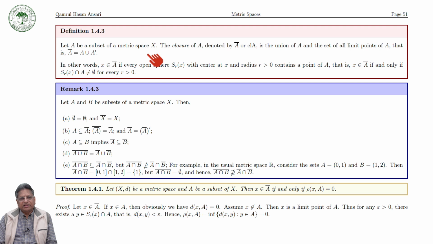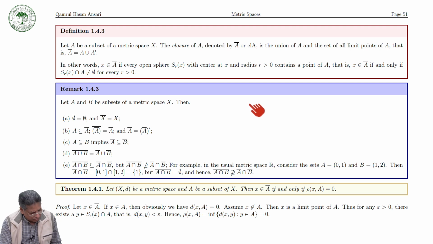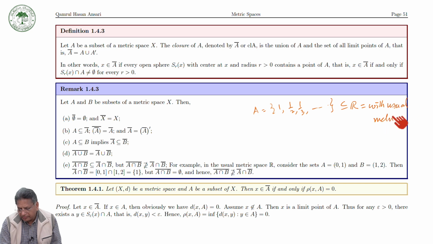So, for example, if you have the set A equal to 1, 1/2, 1/3 and so on, of course a subset of R with the usual metric, then 0 is the limit point of A. So the closure of A is equal to A union the derived set.